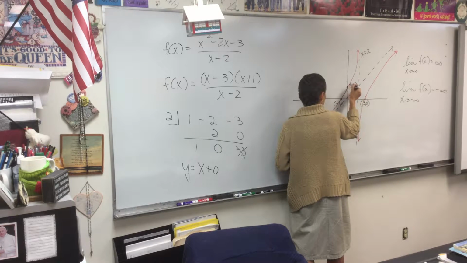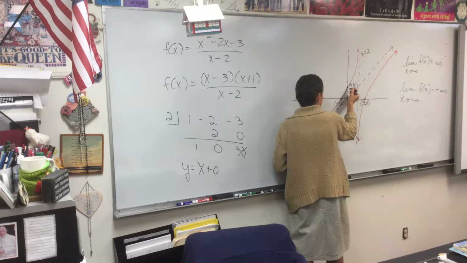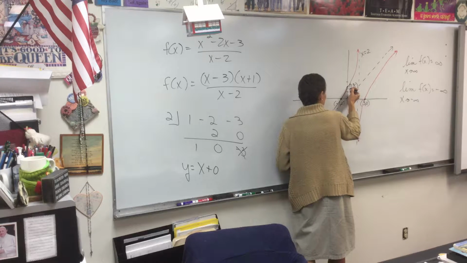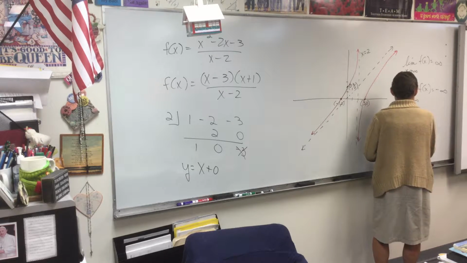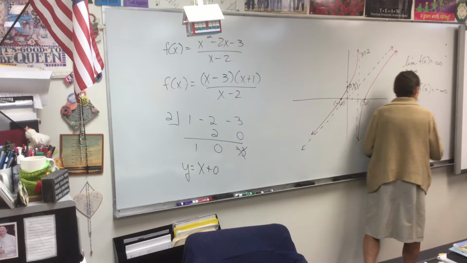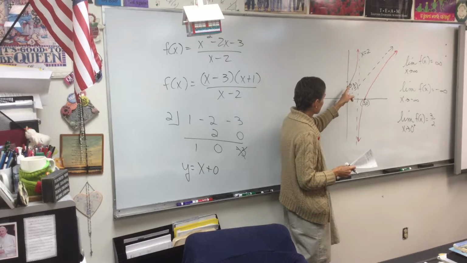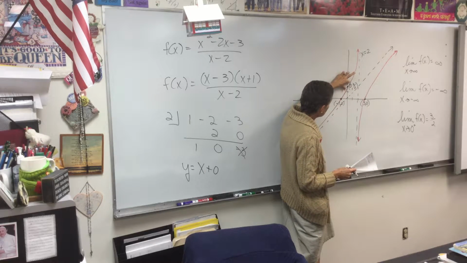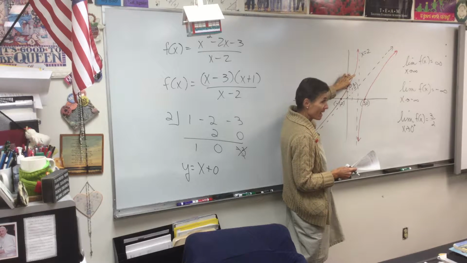Where is the curve headed as I get closer and closer to 0? What is the y value doing? Going down, getting closer and closer to what? 3/2. So the limit as we approach 0, actually from either side, right? This says particularly from the right side, but from either side, as we get closer to 0 on x, isn't y getting closer to 3/2?